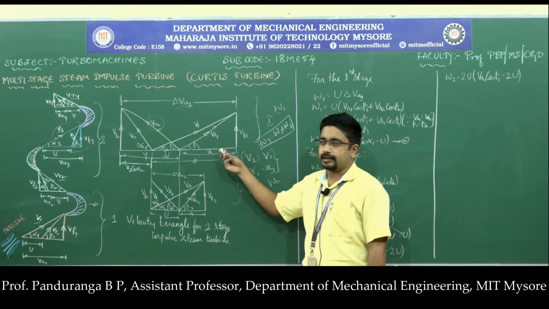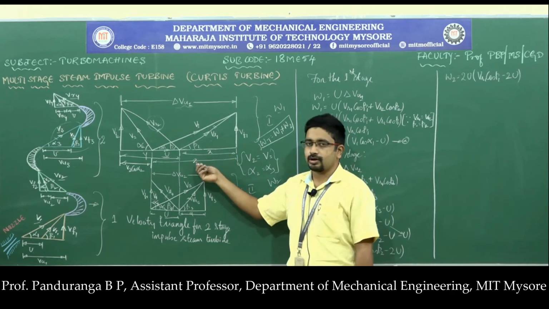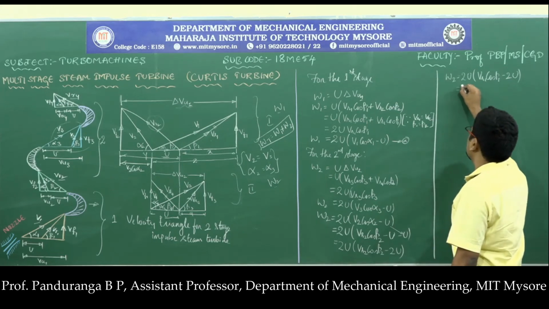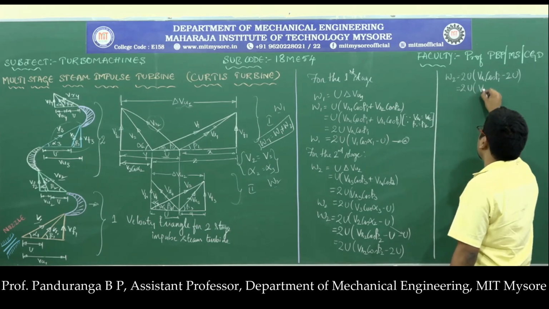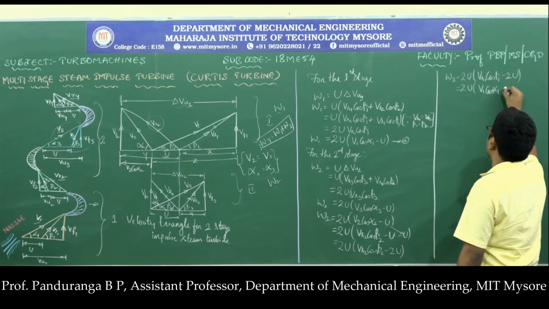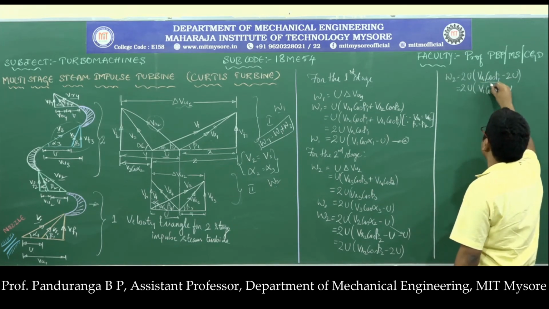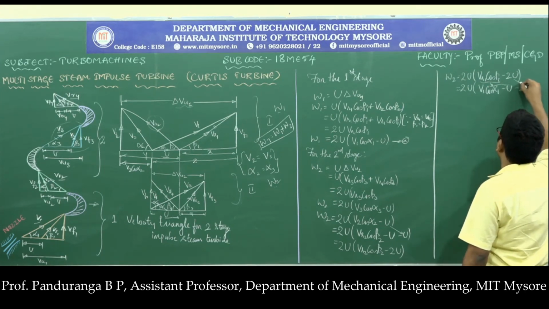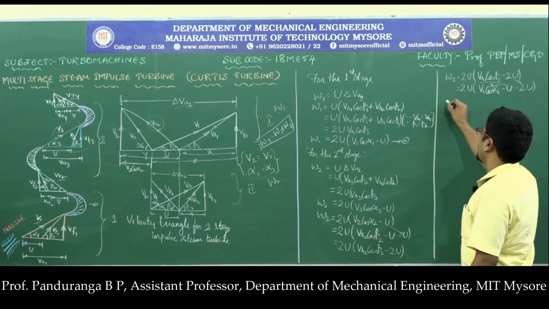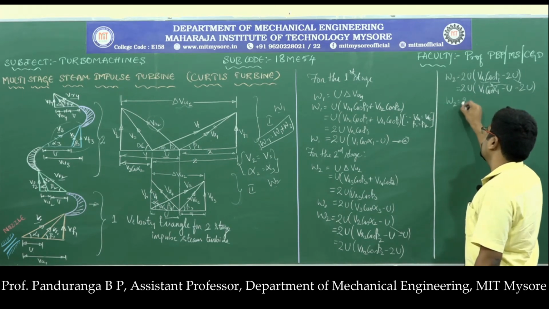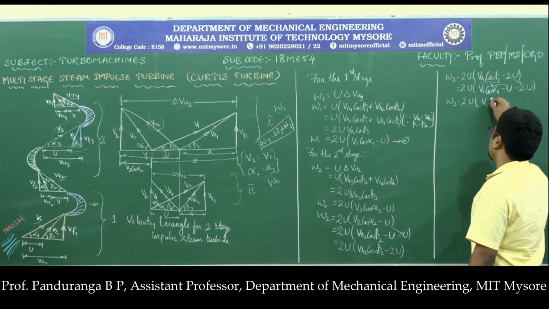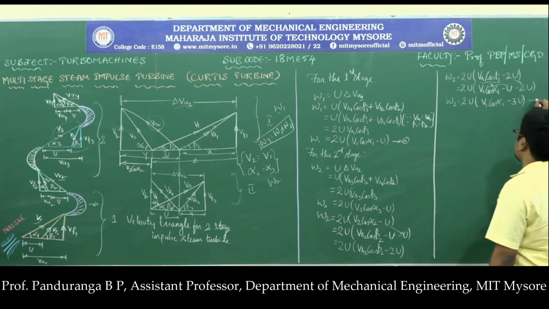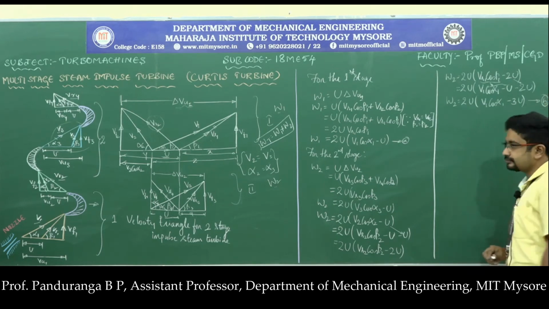So x will be equal to V1 cos alpha 1 minus u. So I will do that here, 2u into V1 cos alpha 1 minus u, and minus 2u I will write as it is. So now I can write W2 will be equal to 2u into V1 cos alpha 1 minus 3u. I call this equation B.